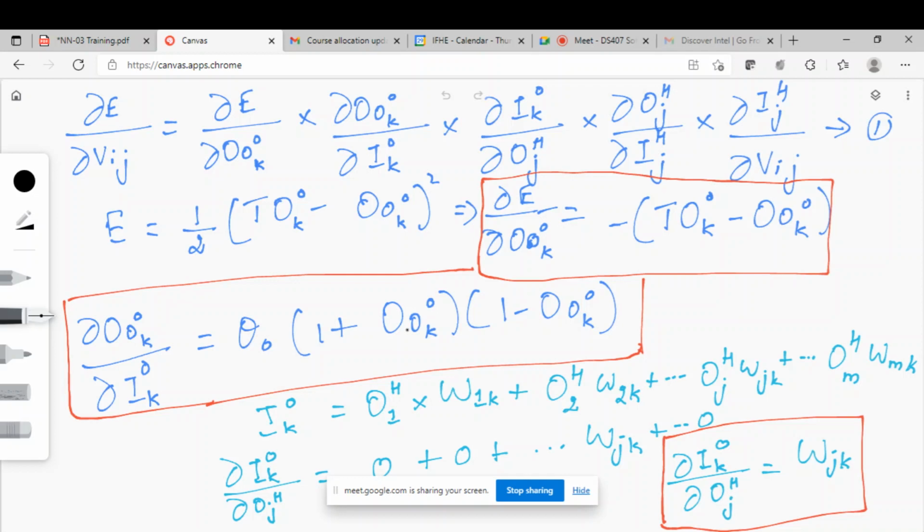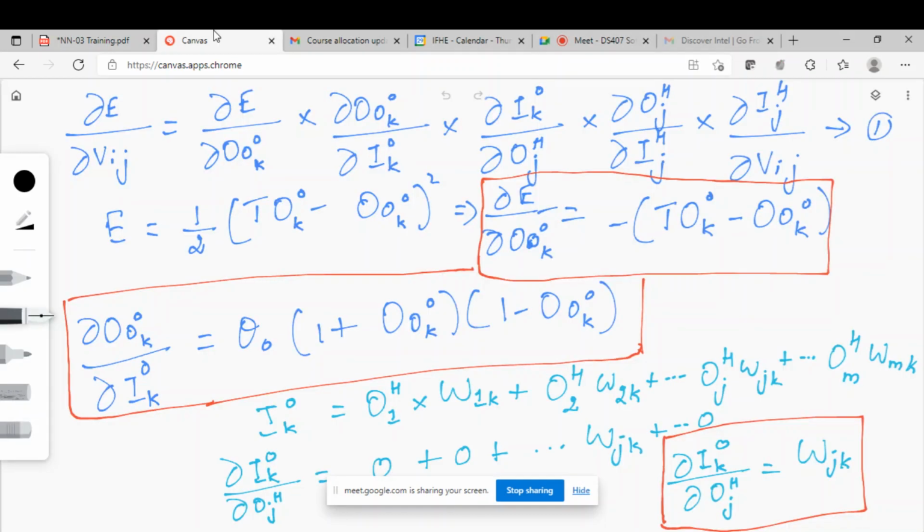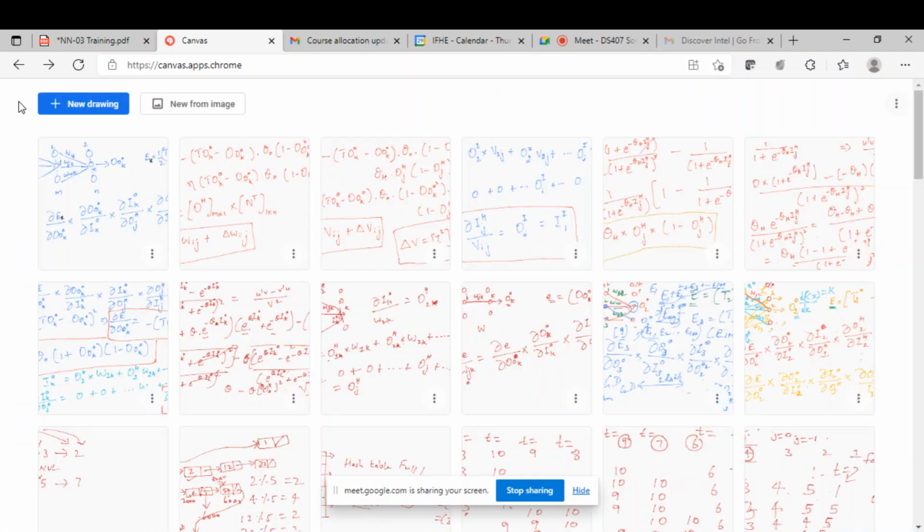Now we should take this derivative of O_j^h with respect to I_j^h. O_j^h is the output of the hidden layer, and it depends on the sigmoid activation function. So we should know how to solve that sigmoid activation function.